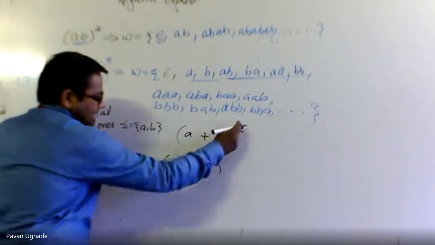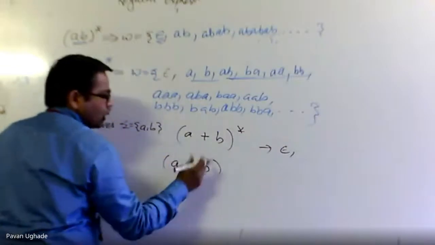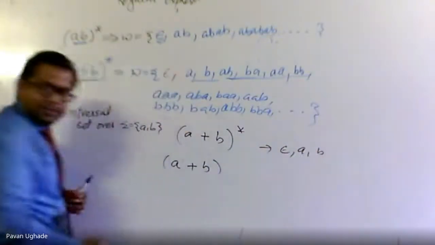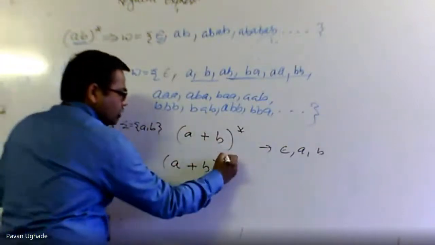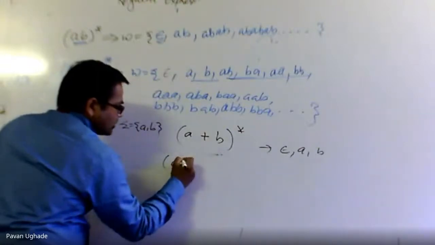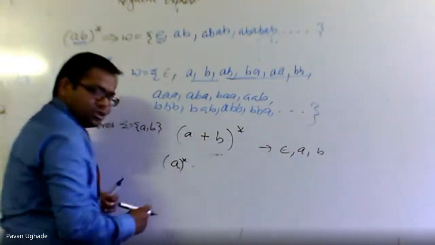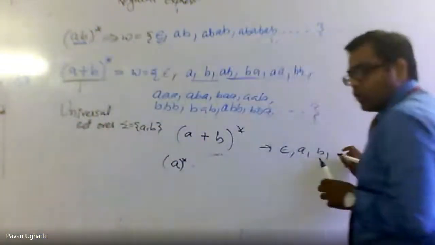What I'll be doing: as it is closure, epsilon will be accepted, as A or B is accepted, right? Yes. Now, as it is closure, I can simply make it A closure also. So what are all the possibilities of A that will be accepted? What are the possibilities of A?